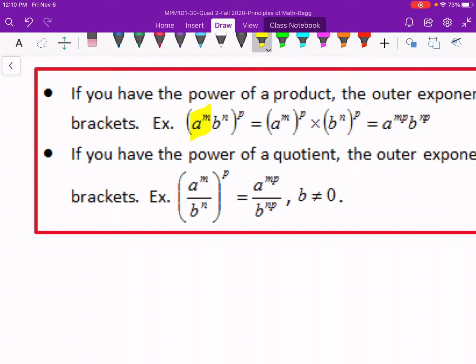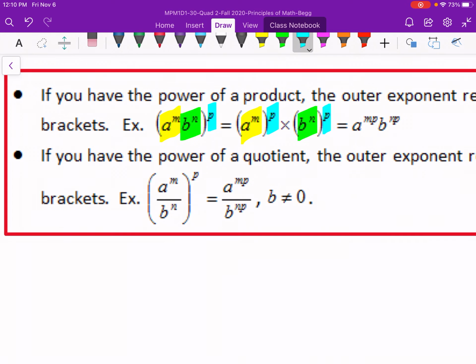A to the m, and if I have b to the n, and I have an exponent p, that's equal to a to the m, all raised to the exponent p, and b to the n, all raised to the exponent p, which is the same as a to the m times p and b to the n times p as well.